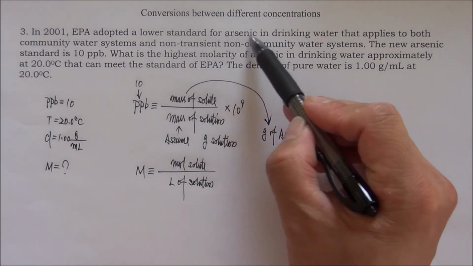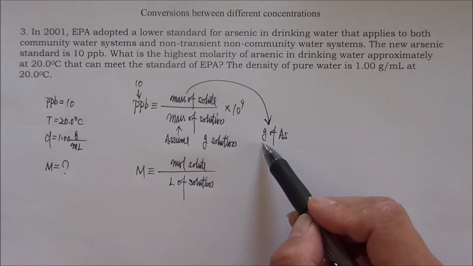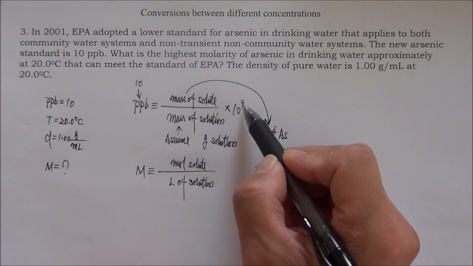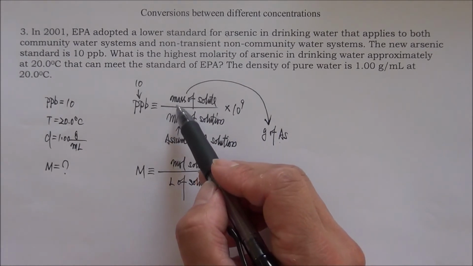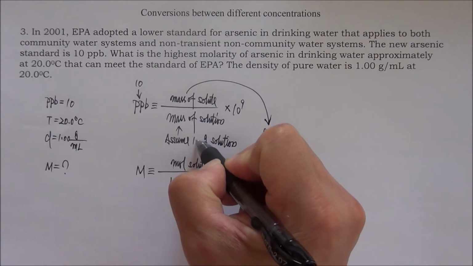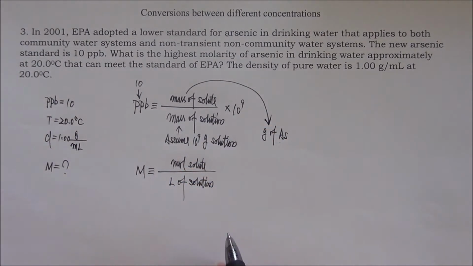Our solute is arsenic. It has the symbol As. The unit we are going to use is gram. As we can see here, if we assume we have 10 to the 9th gram of solution, our calculation of the mass of the solute will be super easy. So let's make our calculation easy. So we assume we have 10 to the 9th gram of the solution.